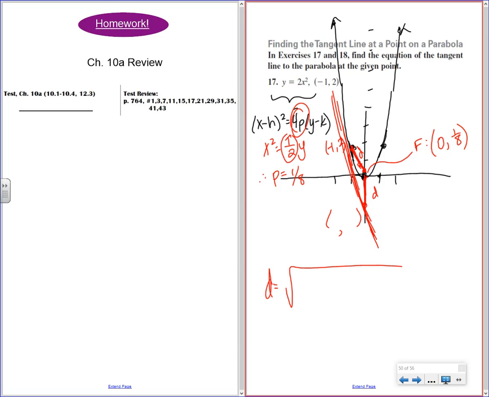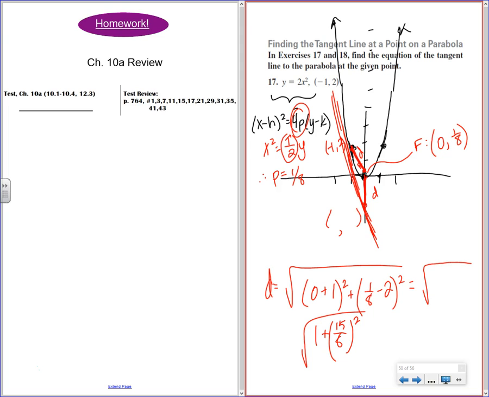So I have x2 minus x1, so 0 minus -1, squared, plus y2 minus y1, so 1/8 minus 2. Without going too in depth into all this, it'd be 1 plus 15/8 squared, which would be pretty nasty. So it's 16/8 cut in half, so then I have 64.